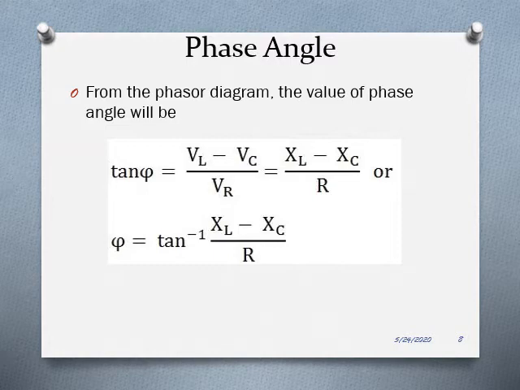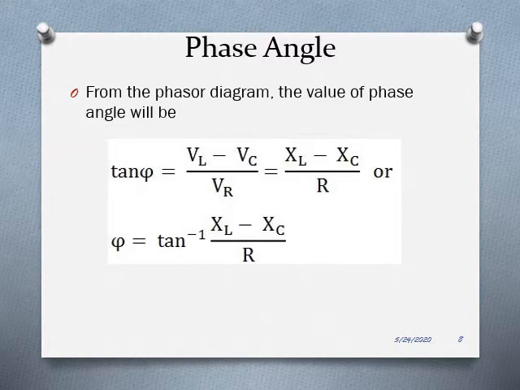From that impedance triangle or from that phasor diagram, you take the tan phi. Tan phi is equal to the net voltage difference VL minus VC, opposite side, divided by adjacent side, that is VR.